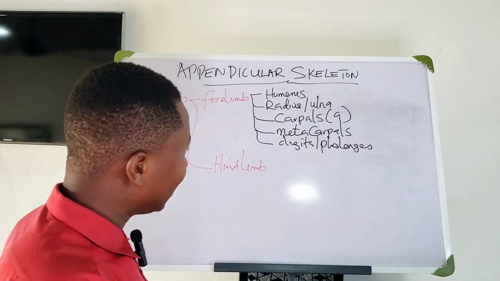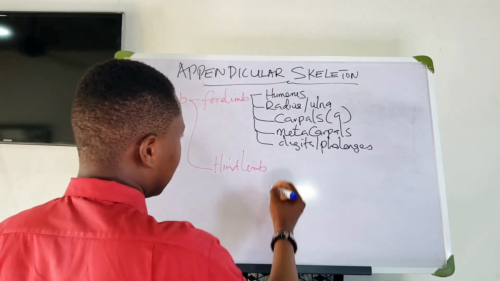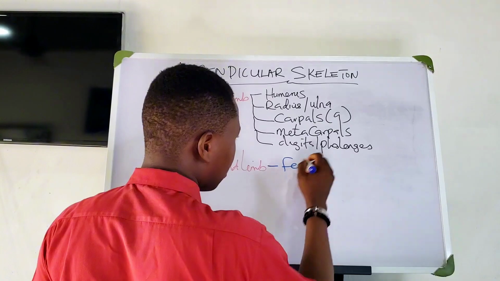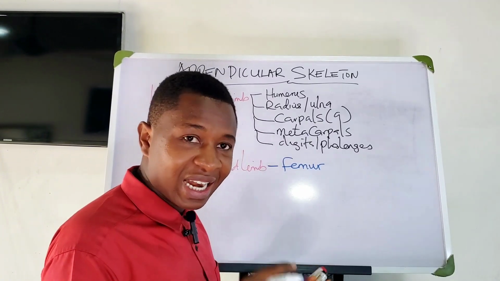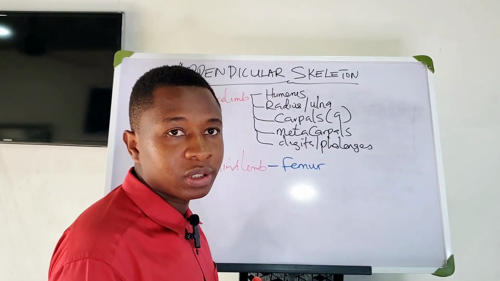Now the hind limb, the first bone that makes up the hind limbs, that is the legs, is the femur. And the femur, we know, is the strongest, largest, and biggest bone in the body.